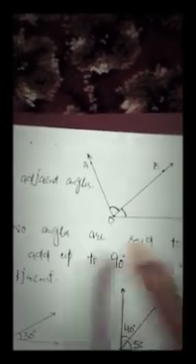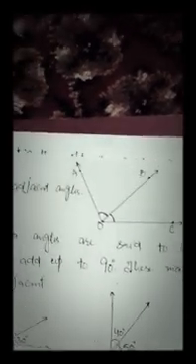They have common vertex O, they have common arm OB, and they don't overlap. At times we can say they have a common vertex, a common arm, and the uncommon arms are on the opposite sides of the common arm. So from this figure, it is clear that angle AOB and angle BOC are adjacent angles.